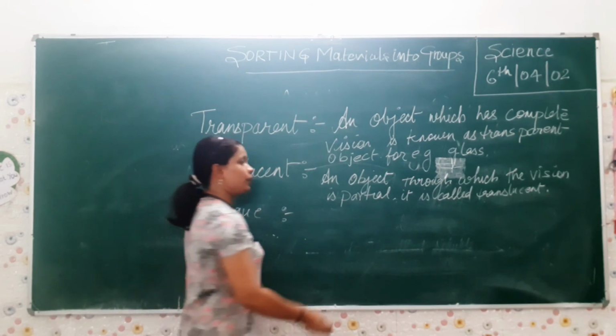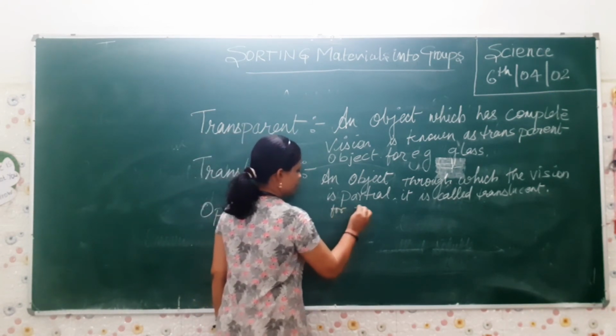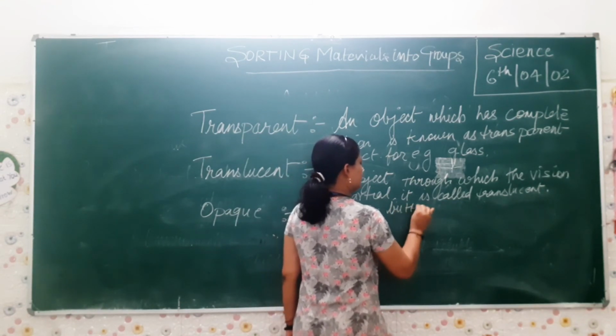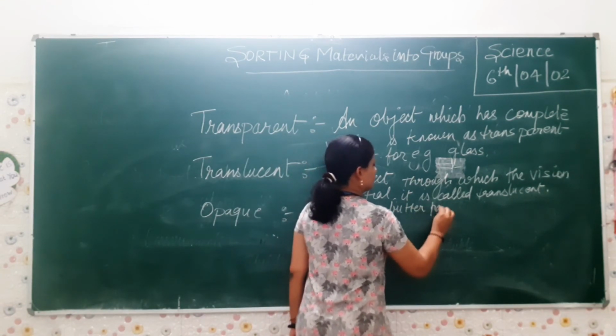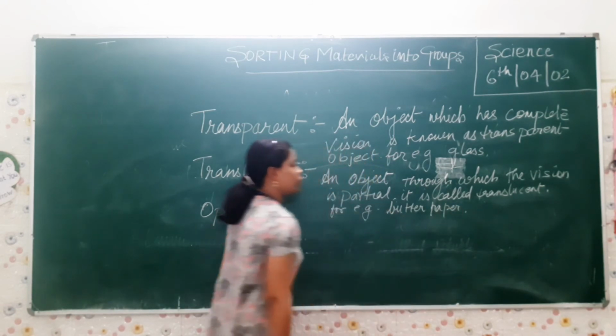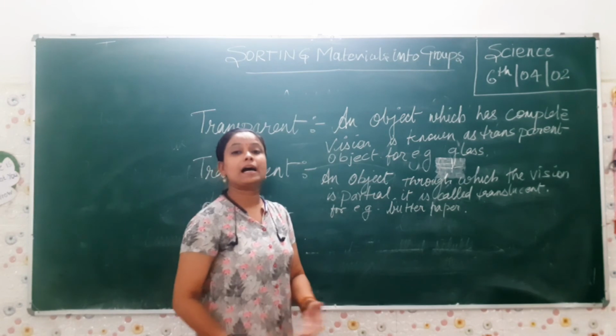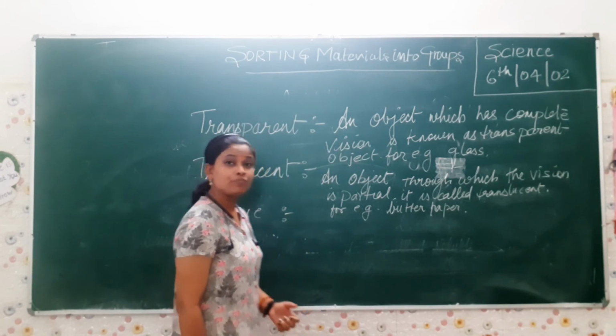Fine, for example, butter paper. Butter paper is also used for preparing cake. Your mama must be having it. Ask her, she will definitely show you.